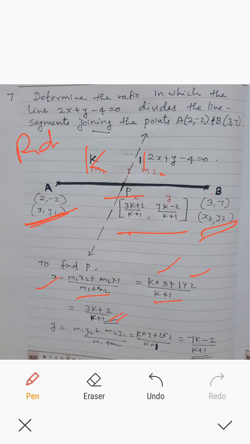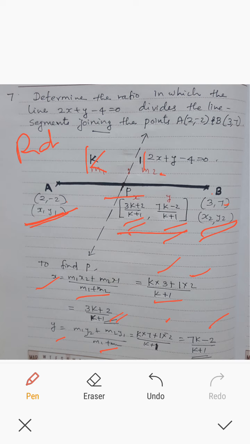So the x coordinate of the point of division is (3k + 2) by (k + 1). Similarly y is (m1 y2 + m2 y1) by (m1 + m2): K into 7, y2 is 7, plus m2 is 1 into y1 is -2, by k + 1. So (7k - 2) by (k + 1). So the y coordinate is (7k - 2) by (k + 1).